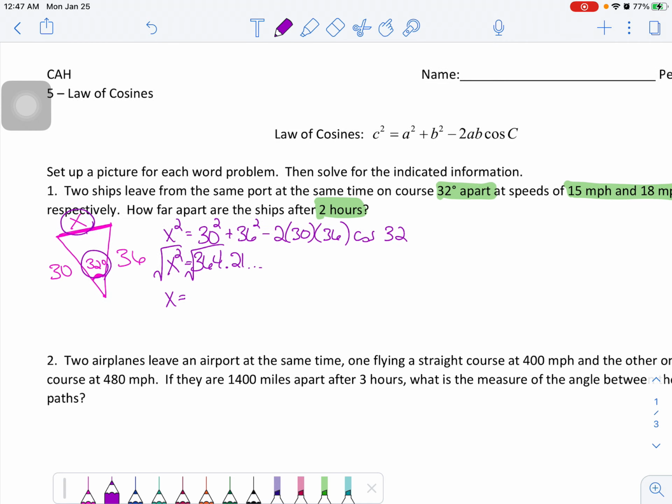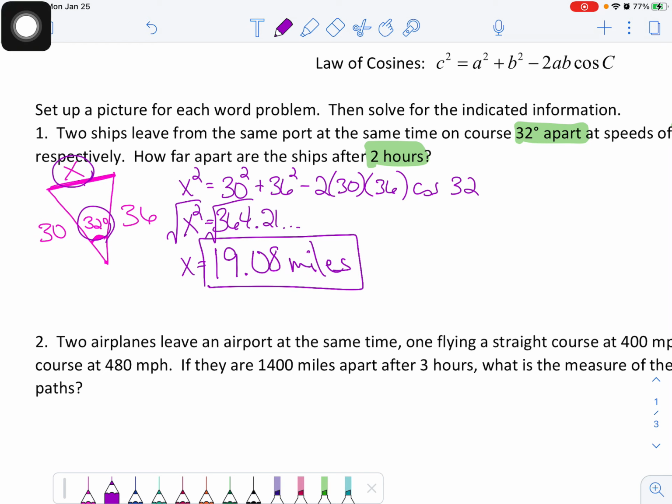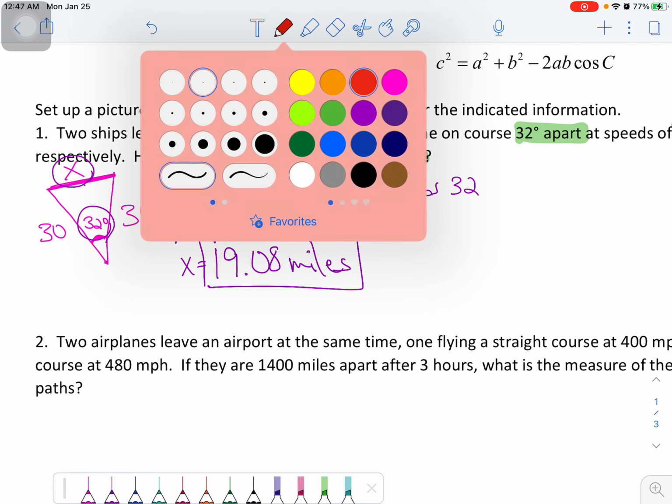I don't believe it says specifically to round, so go ahead and give me 2 decimal places, please. So 19.08, and the units here would be miles. So the two ships are just over 19 miles apart after 2 hours, and they will continue to get further apart if they continue on that same 32-degree course.